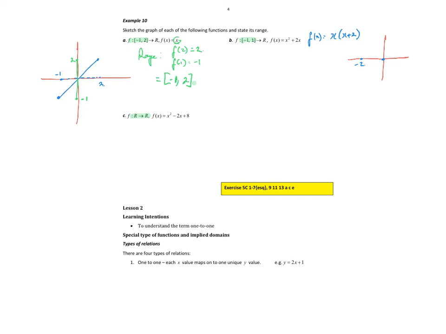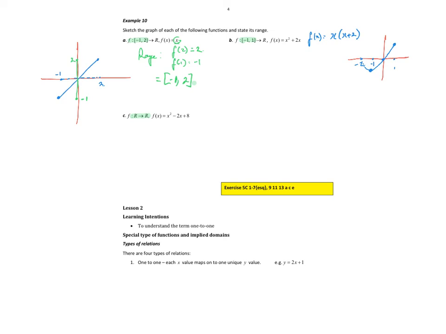So -1 is here. 1 is there. So normally my graph would be down to there and then up. So square brackets. So I'm going to go to there and I'm going to go down to there.